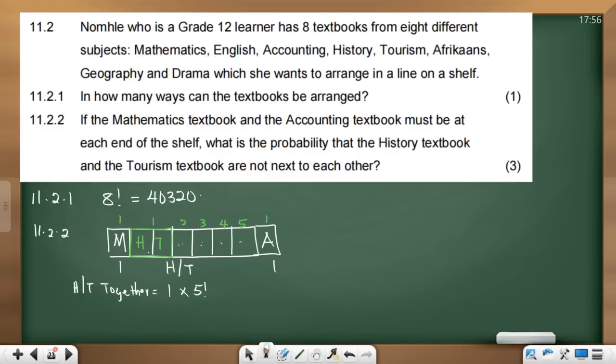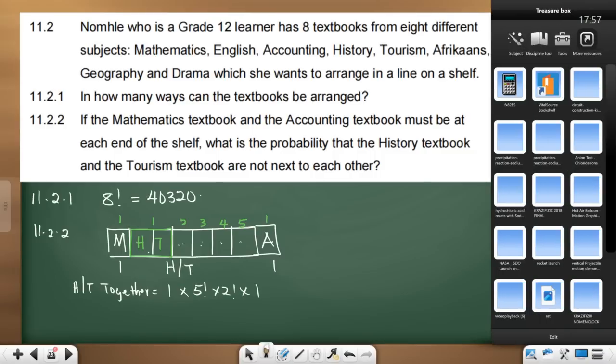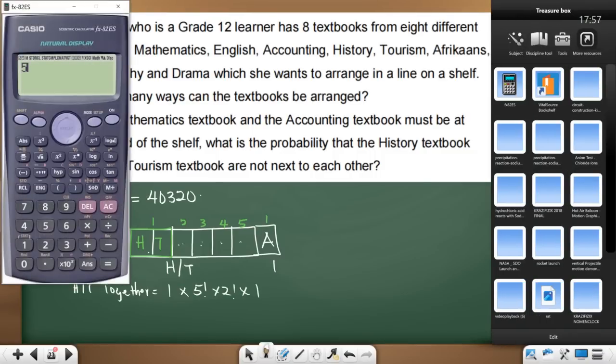But now this could be history, tourism or tourism, history, which is times 2 factorial times 1. This is the books being together. What would this give us? 5 factorial times 2 factorial, which is 240.